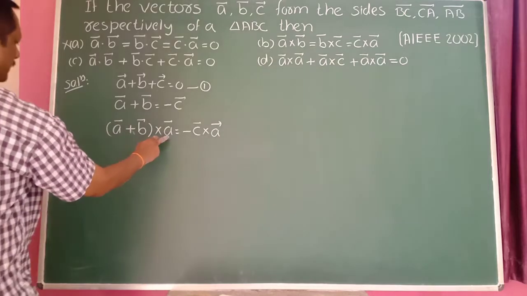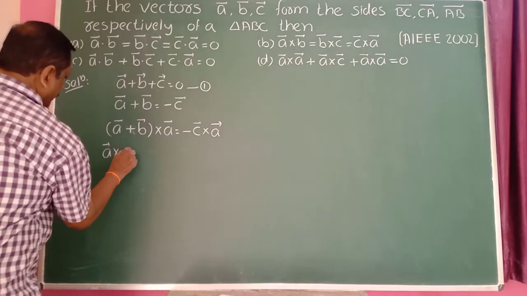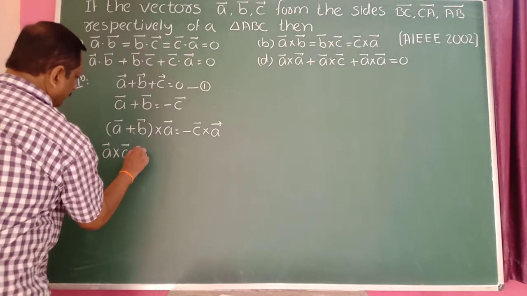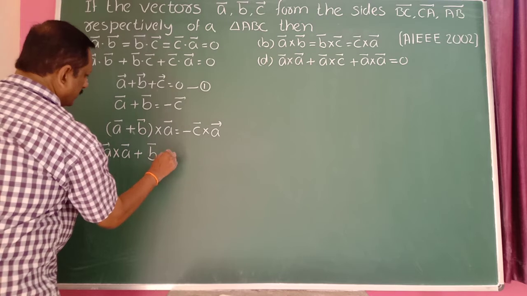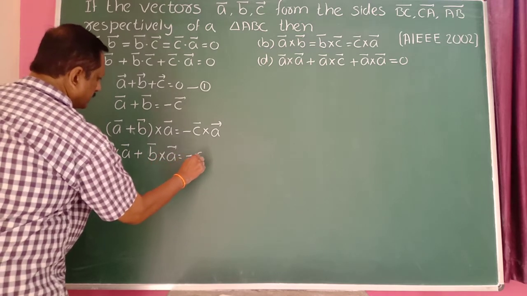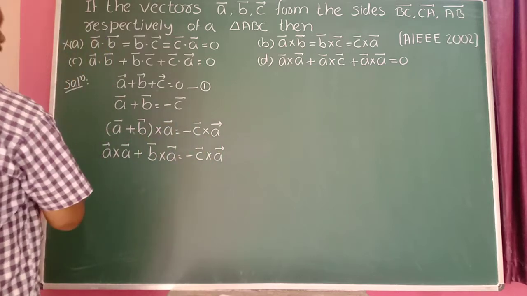Take this A bar inside the bracket here. A bar cross A bar, then plus B bar cross A bar is equal to minus of C bar cross A bar.